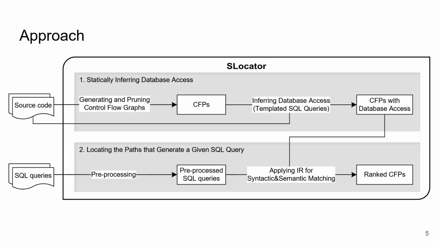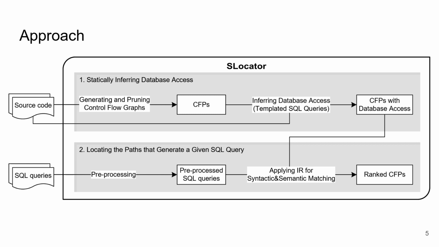To address these challenges, we propose an approach, SLocator, to locate the origin of the given SQL queries. It contains two parts: statically inferring database access and locating the paths that generate a given SQL query. First, it statically analyzes the source code to generate the control flow graphs and traverses them to generate control flow paths.